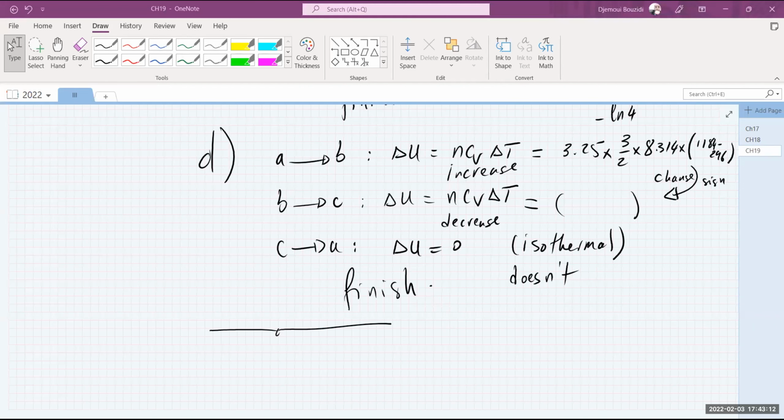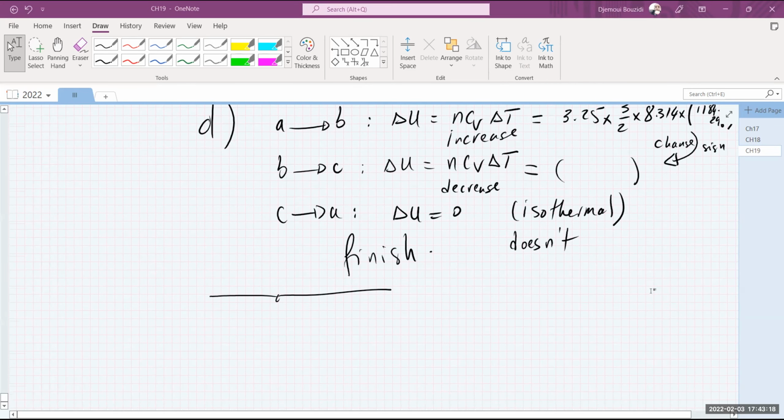So let's continue with the problems. Let me find it first and share it with you. Okay, so the third problem that I promised we would do today.